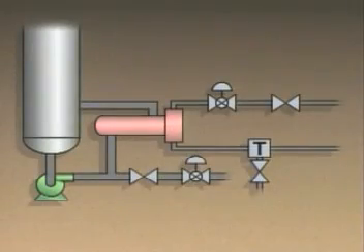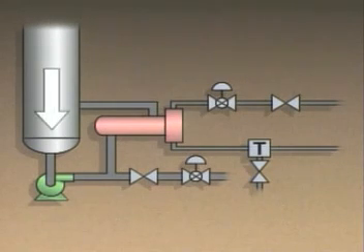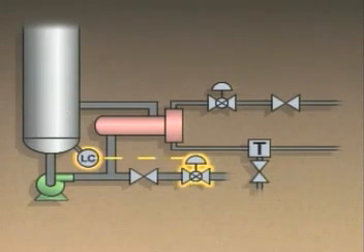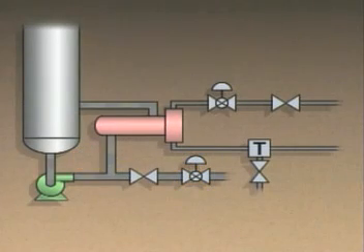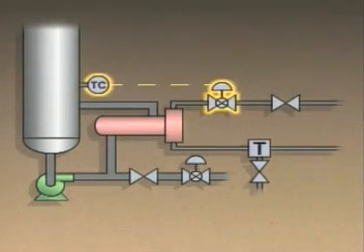Stopping the feed flow to the column also causes the level in the bottom of the column to decrease. When the level falls below a specified point, a level controller automatically closes the bottoms product takeoff valve. This causes the remaining bottoms liquid to circulate through the reboiler. To enable that liquid to cool before it's drained from the system, a temperature controller is manually set to close a control valve on the reboiler steam line.